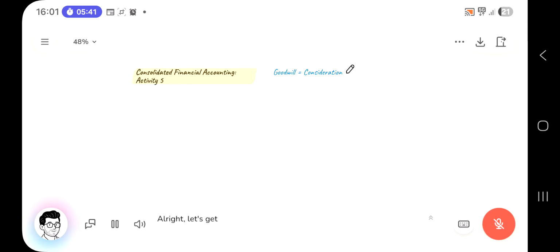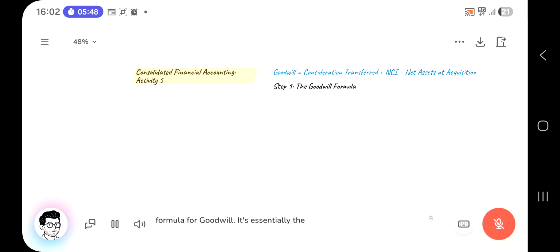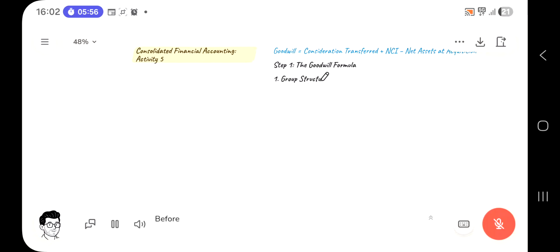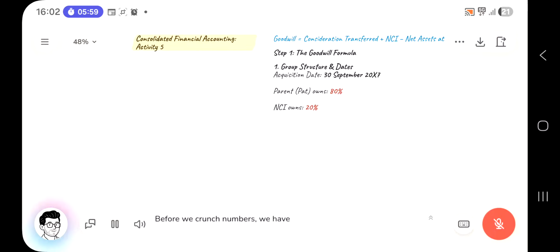All right, let's get this session moving. First thing, we need our master formula for goodwill. It's essentially the extra money paid over what the company's parts are actually worth. Before we crunch numbers, we have to look at the structure from your materials.